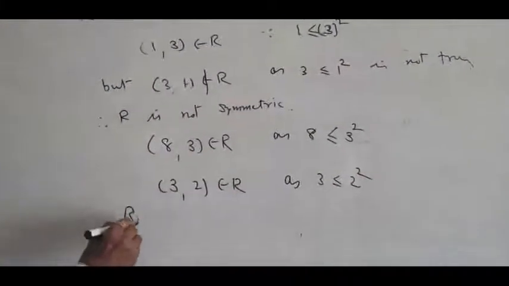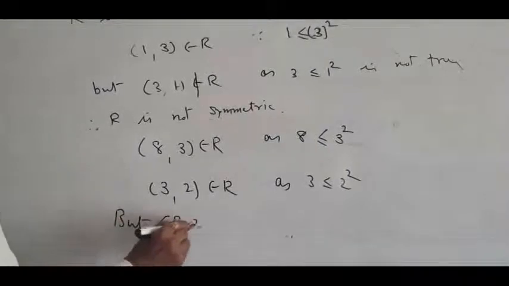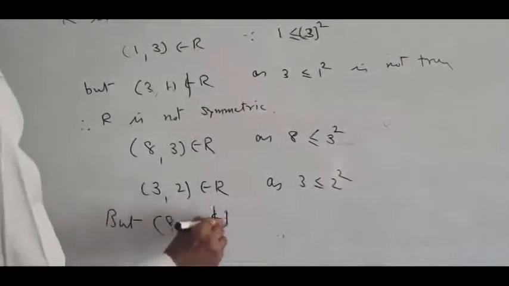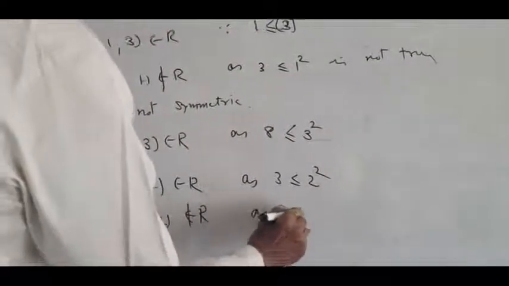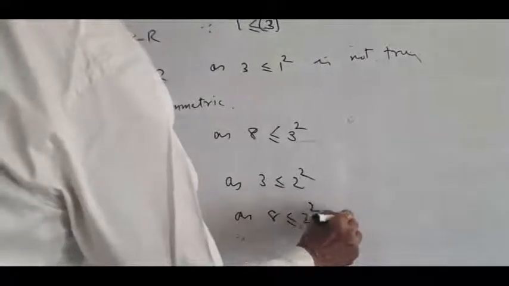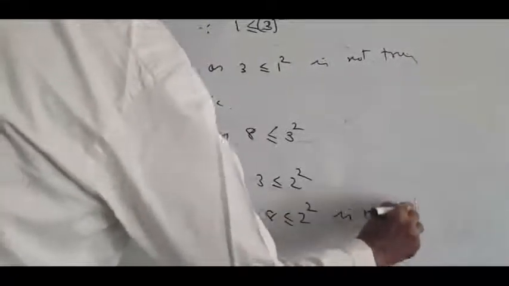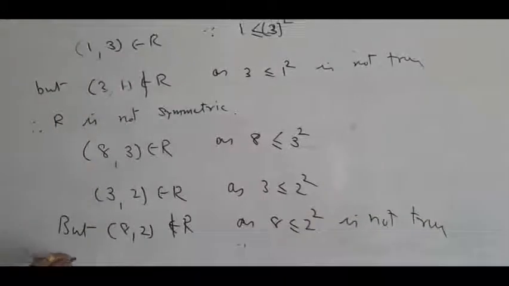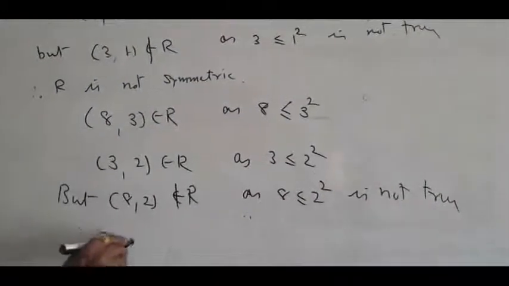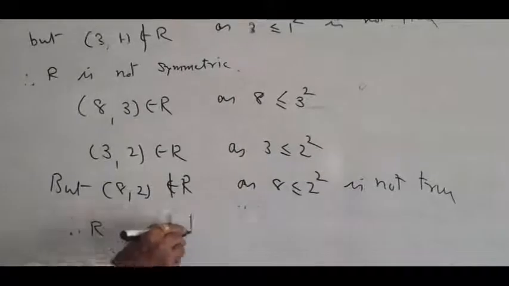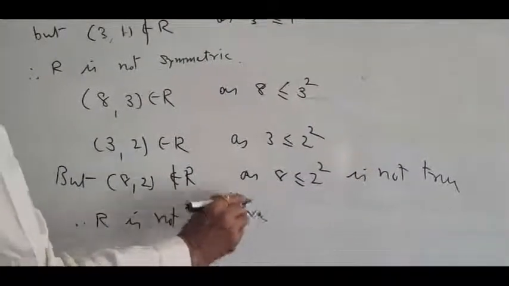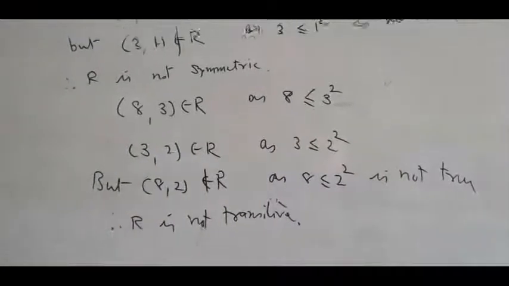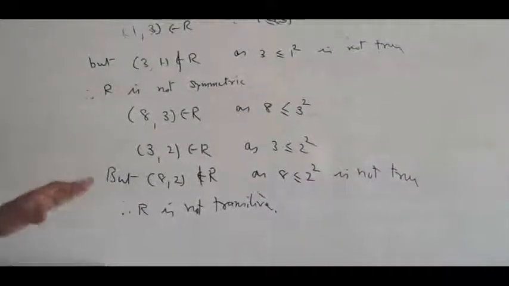But (8, 2) does not belong to R, and 8 less than or equal to 2 squared is not true. Therefore, R is not transitive. In such an example, we have to find such an ordered pair which does not follow this.